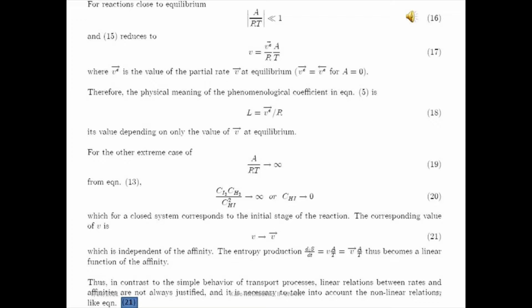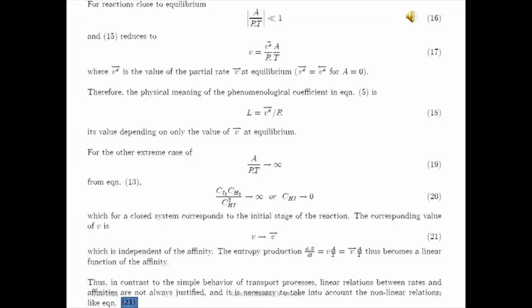And the entropy production, for the case that the affinity is very large, is just this velocity, the rate of the reaction, times the affinity over the temperature, which just becomes some constant, which is the rate in the forward direction, times the affinity over the temperature.